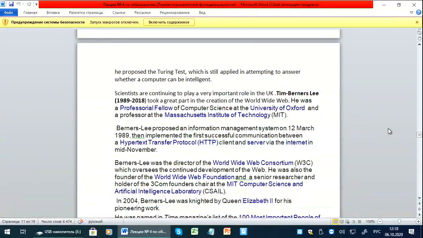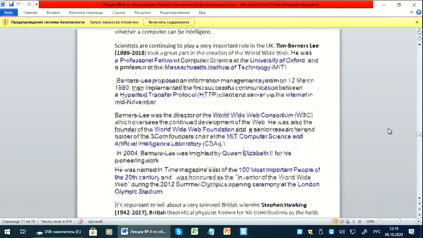In 2004, Berners-Lee was knighted by Queen Elizabeth for his pioneer work.